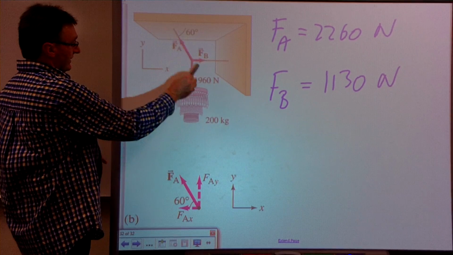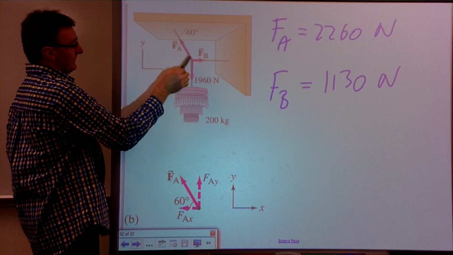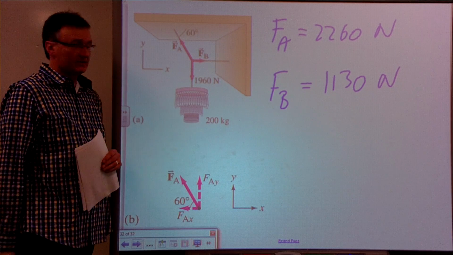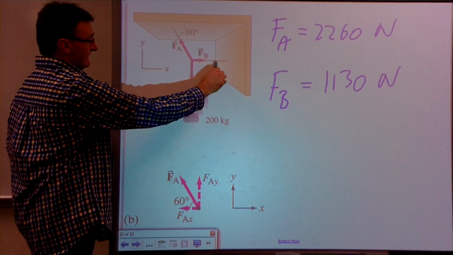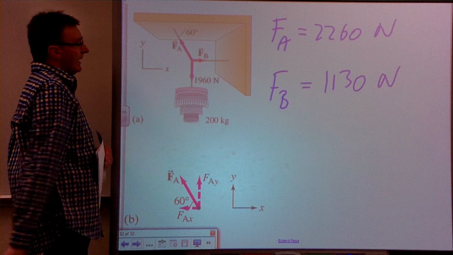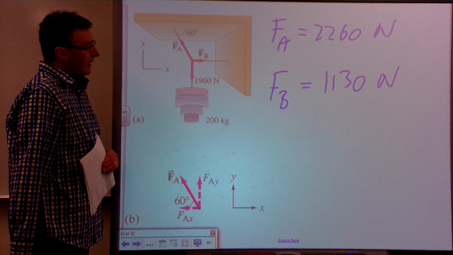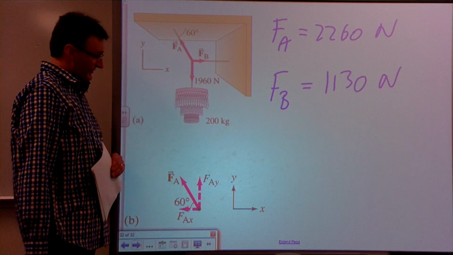We needed to find the magnitude of both these forces, and that's what we've done. The magnitude of force A is 2260 newtons, and the magnitude of force B is 1130 newtons. When those forces are of that magnitude, then you will have static equilibrium in this kind of situation.